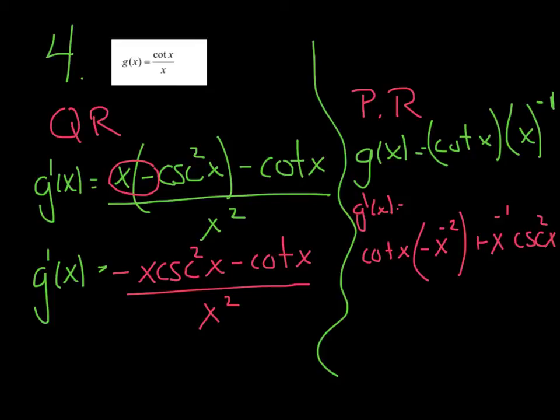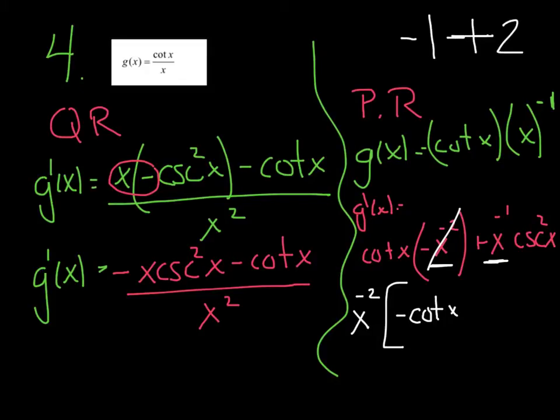Now I just got to clean that up. Notice my GCF again: I have an x to a negative power in common. I'm going to pull out the smallest, x to the negative 2, and I'm left with a negative cotangent x. Remember, you subtract exponents. I take the negative 1 I have and subtract negative 2, which leaves me with a 1.